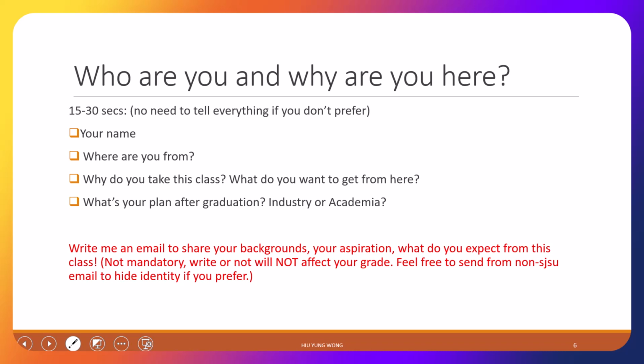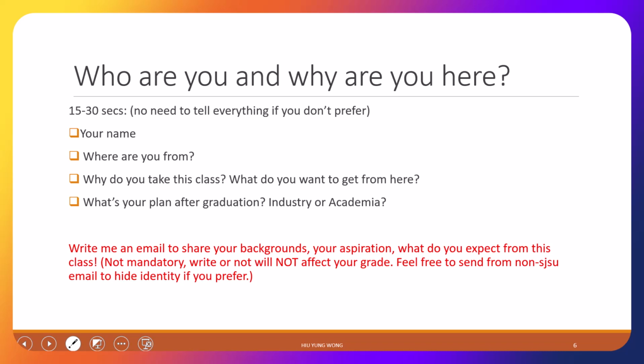I can tell you the best way is to make the best use of me, not by asking me to do your homework, but by keeping asking me questions, because it is my responsibility to answer your questions. Even if I am impolite, even if I show that I'm impatient, you still can ask, because I cannot discriminate against you just because you ask a lot of questions. I still need to give you fair grading.